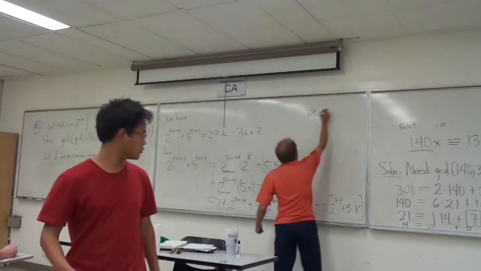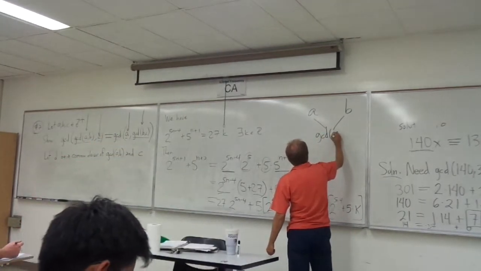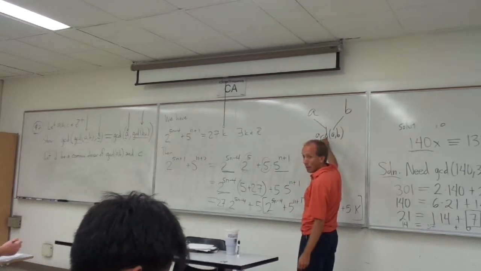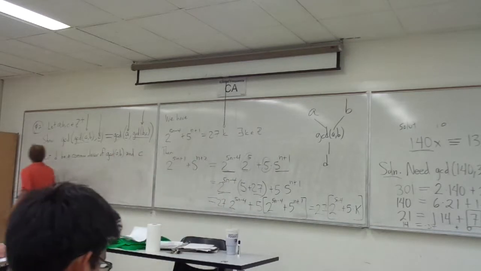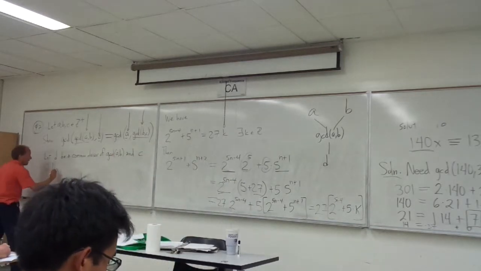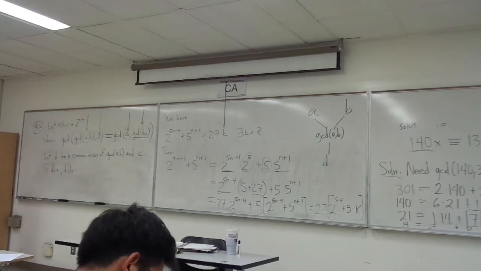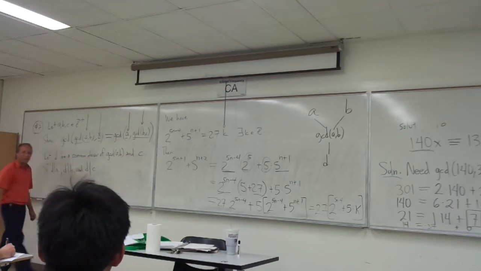You've got A and B, we drew this earlier. Here's the GCD of A and B. And now we're taking this other number D that divides the GCD of A and B. So it's going to divide both A and B, right? Okay. So D divides A and D divides B. Well, and we also already know that D divides C.